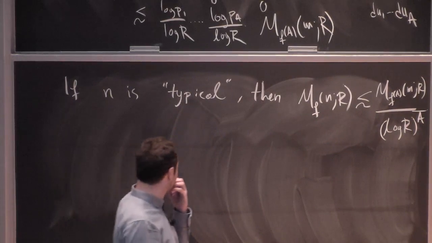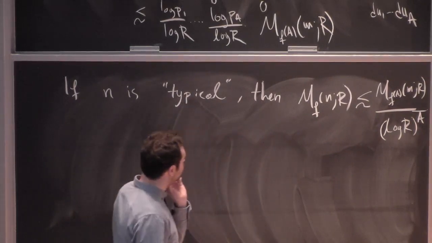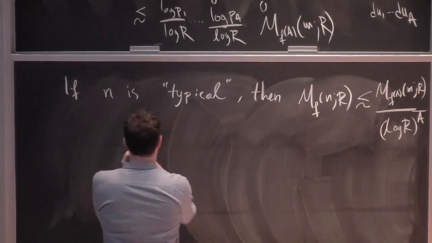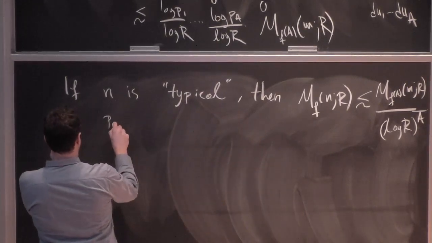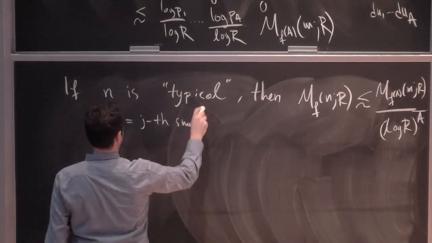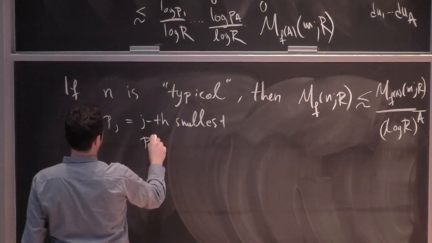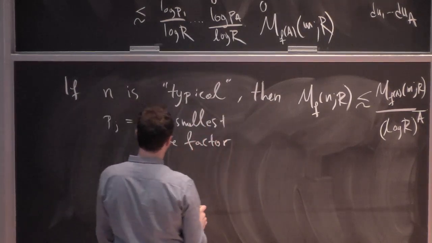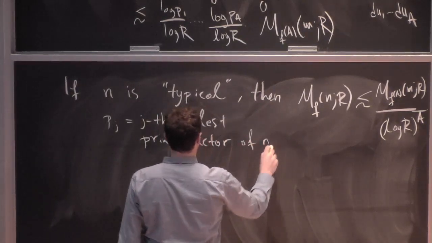And right, so here I guess the Pi's would be the small primes. So Pj would be the j-th smallest prime factor of n, for this to work.